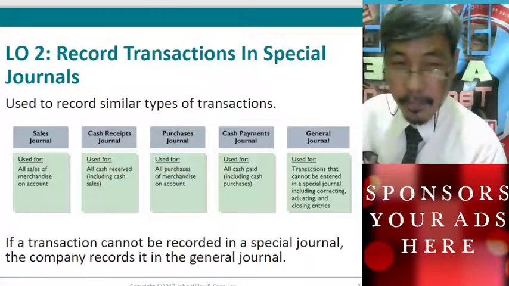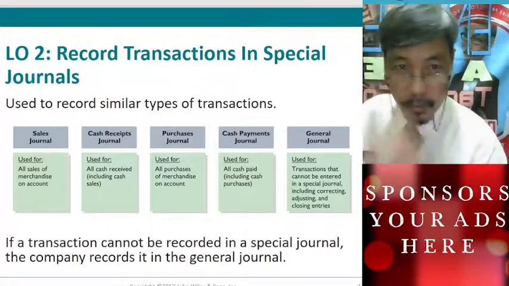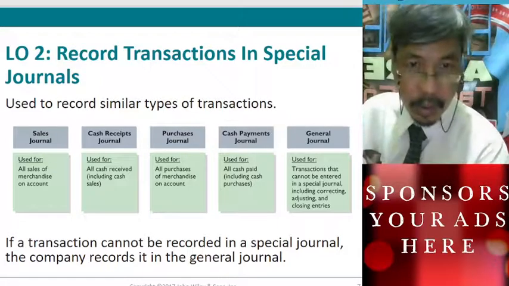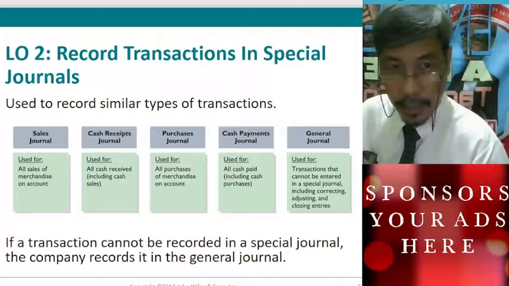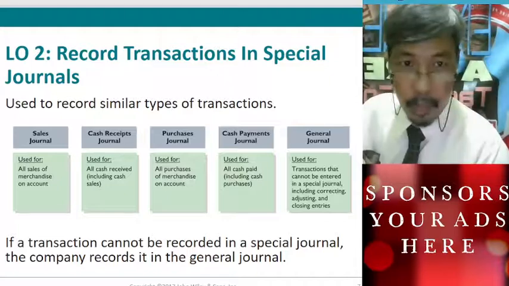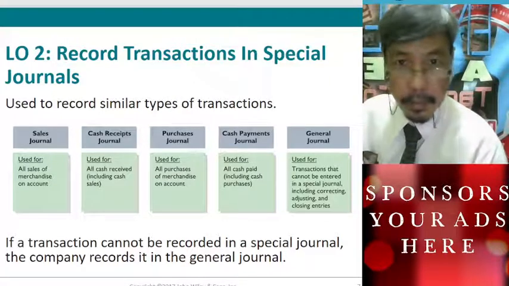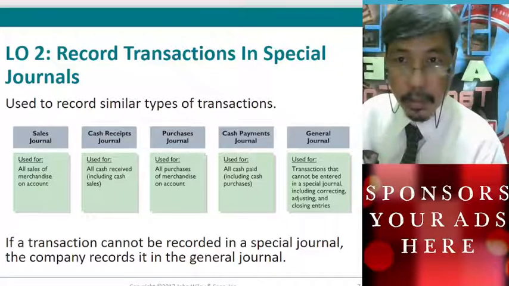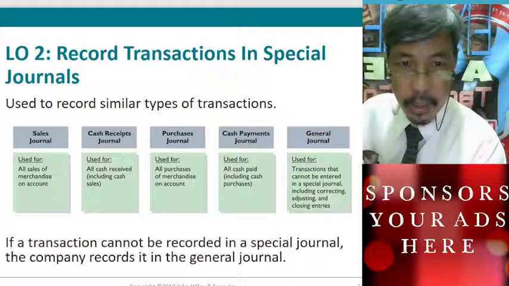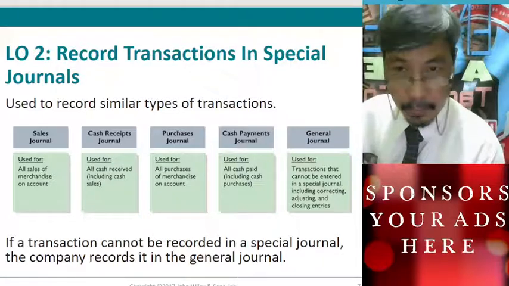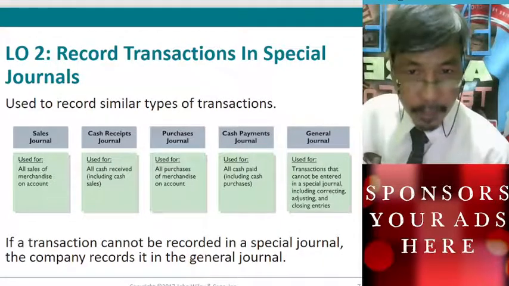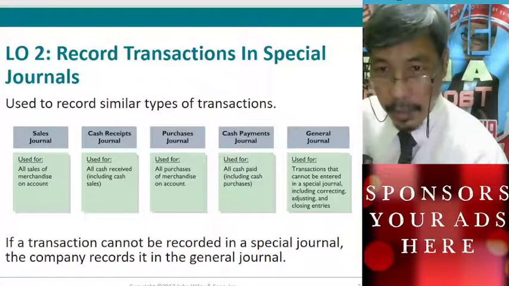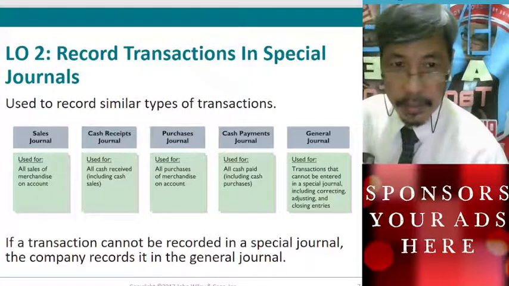It's a waste of time, because you have to monitor several things. You are filing 5 journals instead of 1. This is more for the future, no? To keep track easily. If a transaction cannot be recorded in a special journal, the company records it in the general journal.